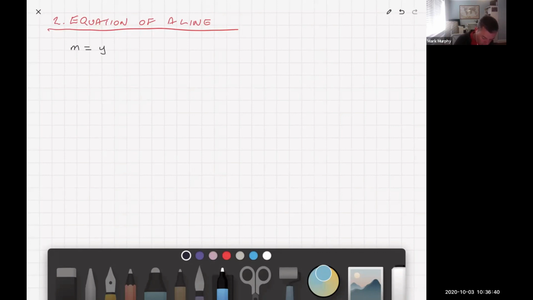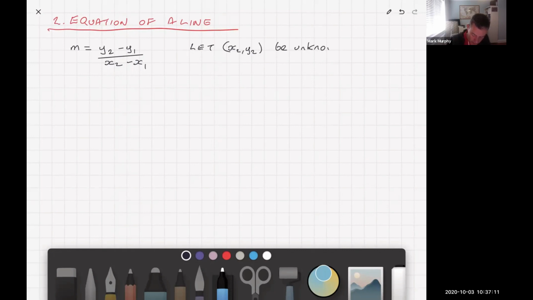It's y2 minus y1 all over x2 minus x1. Now, this is where I talked earlier about unknowns and knowns, right? In this case, let x2, y2 be an unknown. It's just to get the equation in a more general format. So I'll just write down here, let x2 and y2 be unknown.